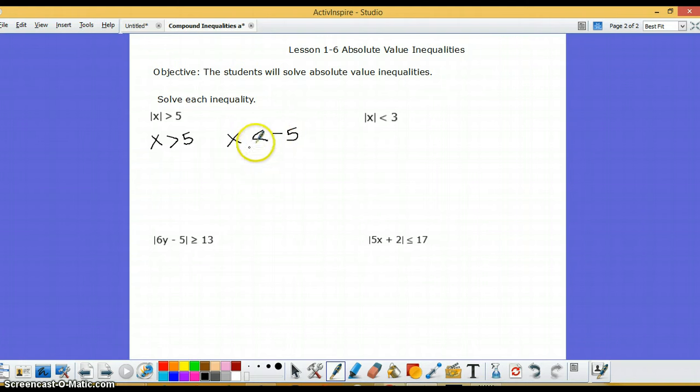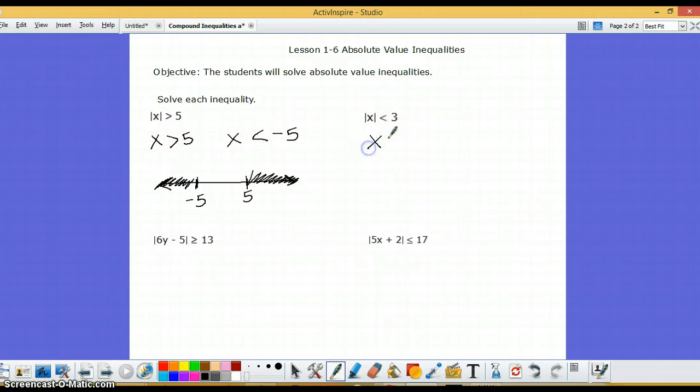So if we think about this on a number line, 5's here, so it's got to be all these numbers out here, because these numbers are greater than 5. But because of the absolute value allowing negative 5 to also have an absolute value of 5, I need all these numbers out here as well. These are now less than negative 5. So it has to be greater than 5 or less than negative 5.